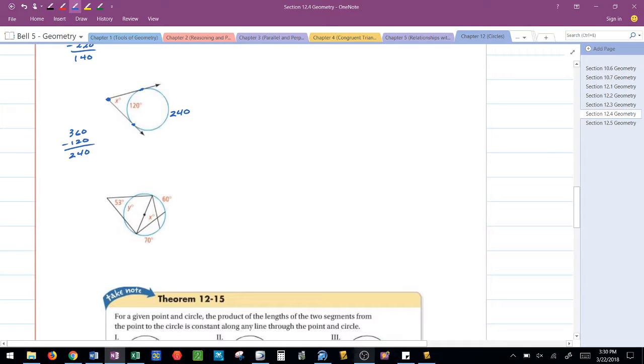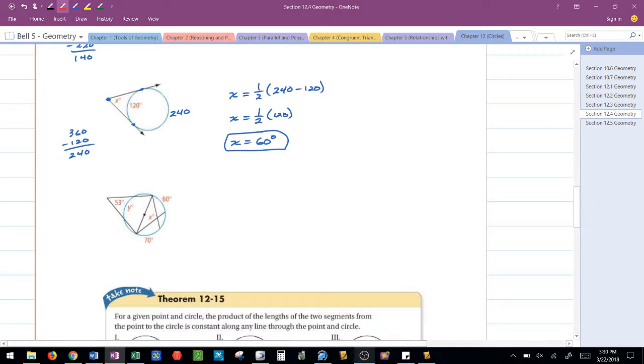So if that arc is 240, then angle x is going to be equal to half the difference. So 240 minus 120, or x would be half of 120, which tells me that x is 60 degrees.